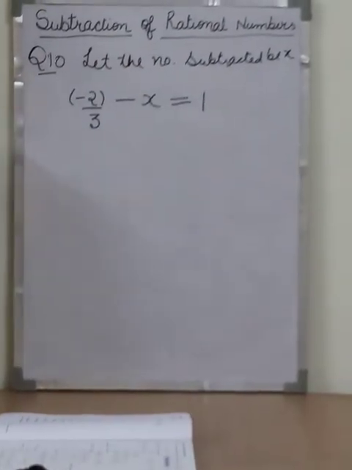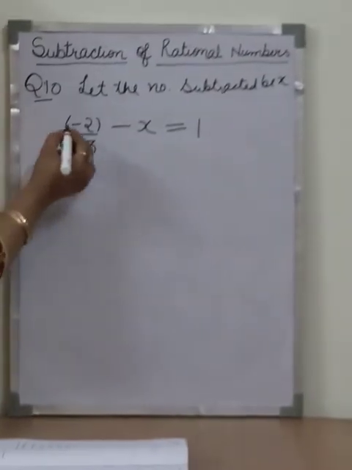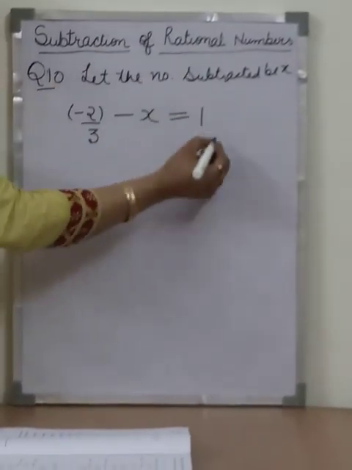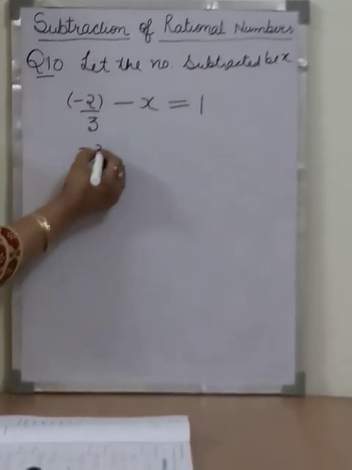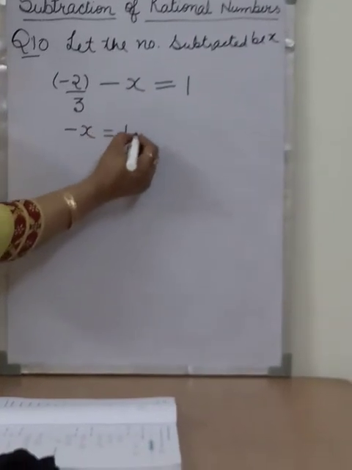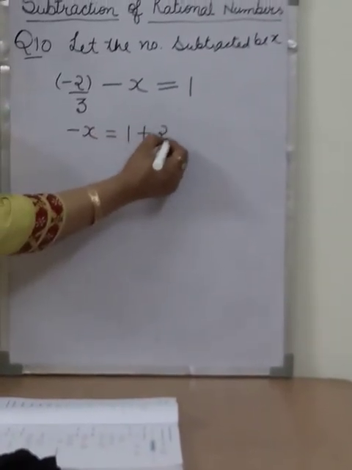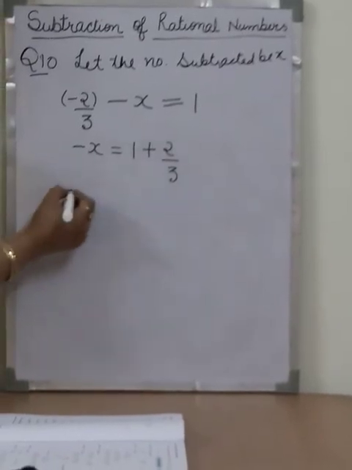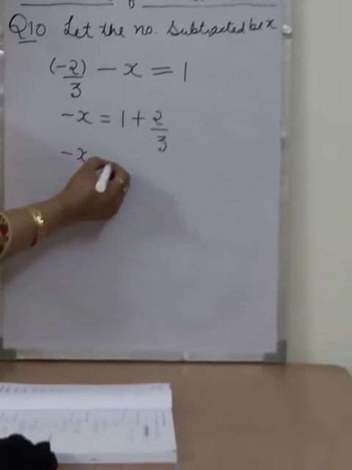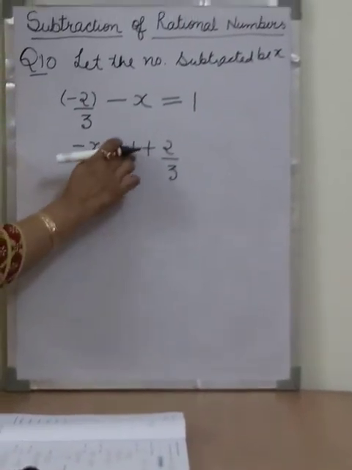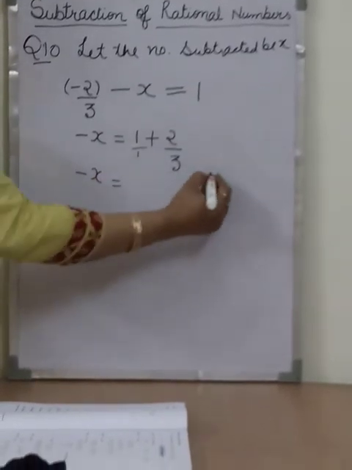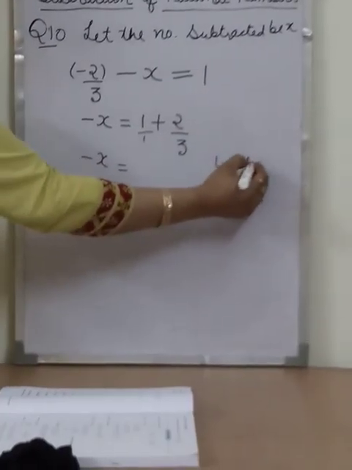Now we are looking for the value of x. So we transpose this minus 2 by 3 to that side. So it is minus x. On transposing, the sign will change. It will become plus 2 by 3. Minus x is equal to, nothing is in the denominator, then it is 1. LCM of 1 and 3 is 3.